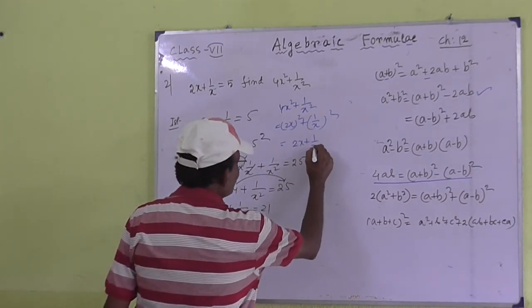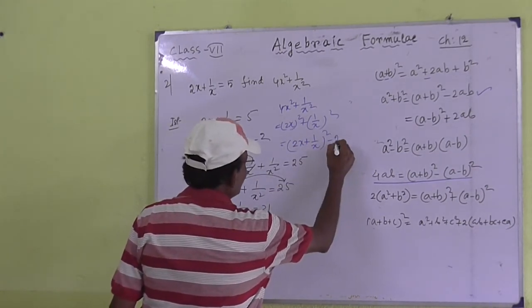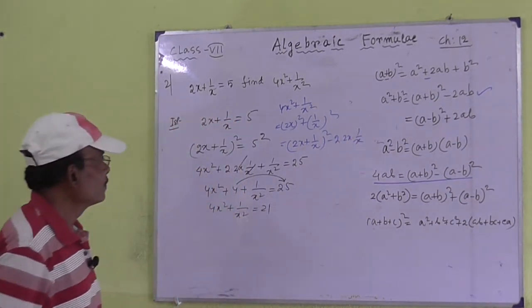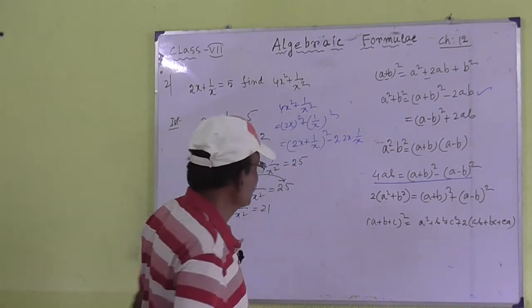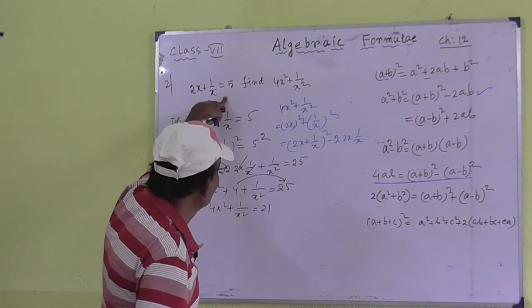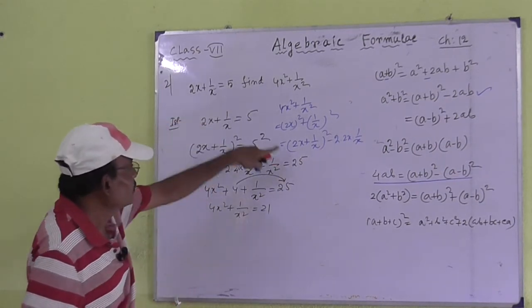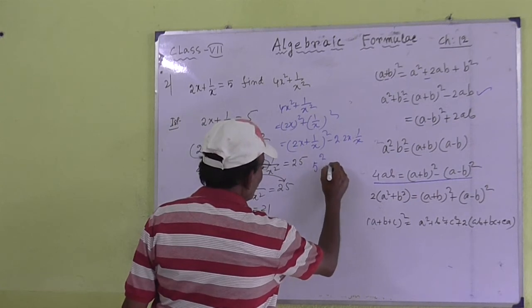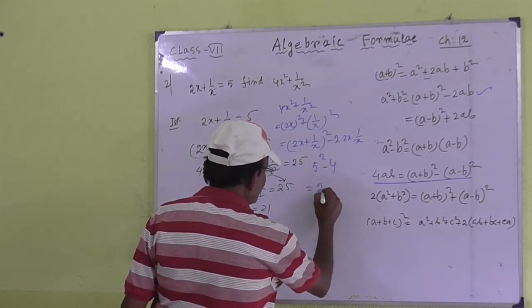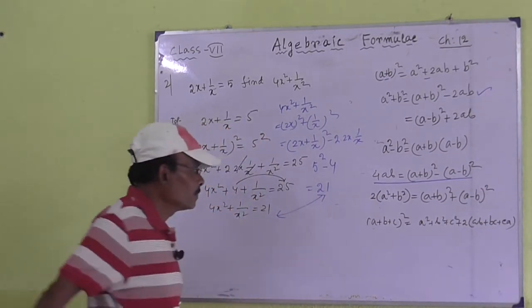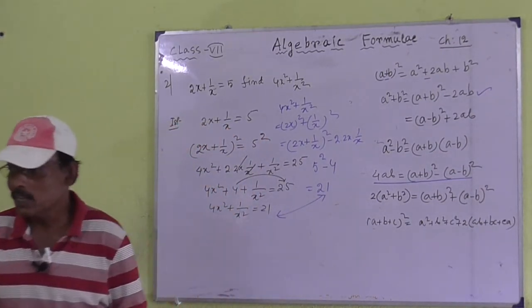A plus b whole square minus 2ab. That is a, that is b. So, what is the value of 2x plus 1 by x? Look at this sum. This value is 5. So, it is 5 square minus 4. That means 21. The same answer. Clear? Next sum.